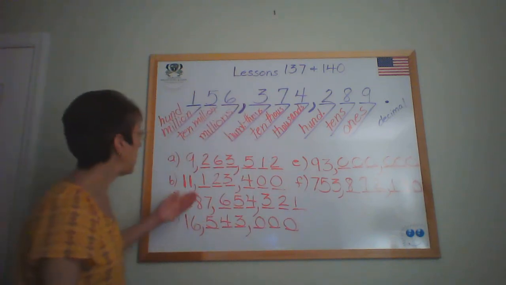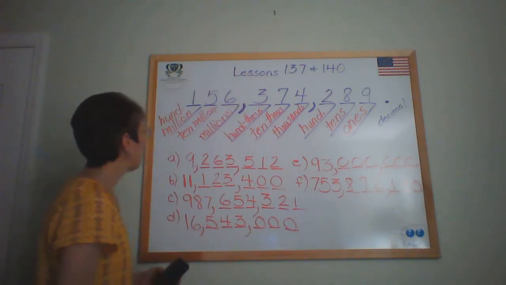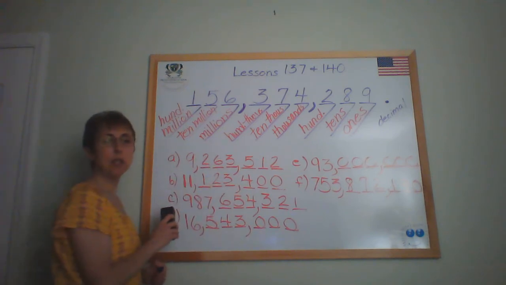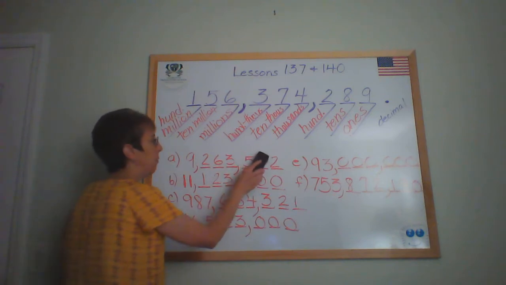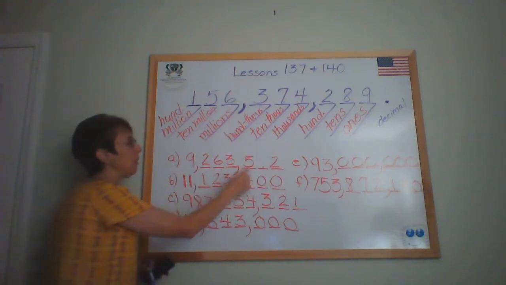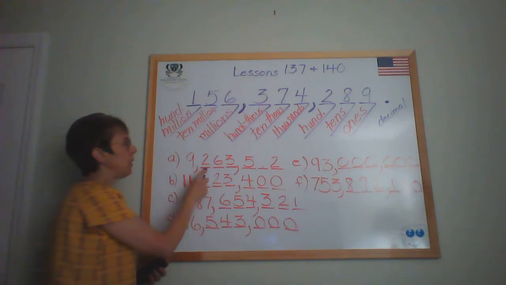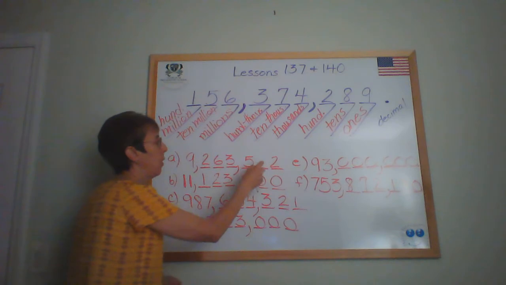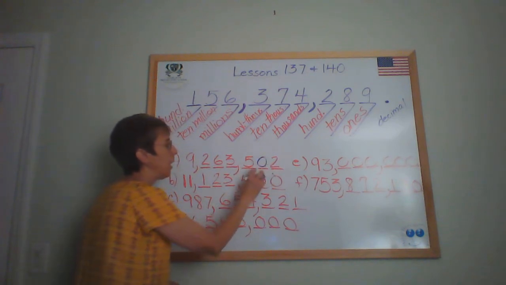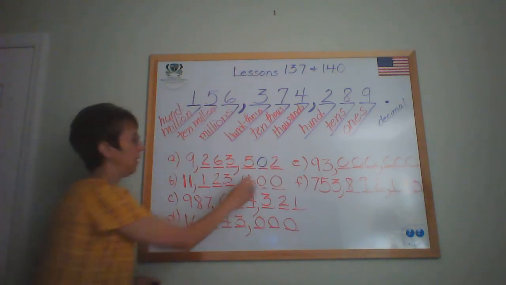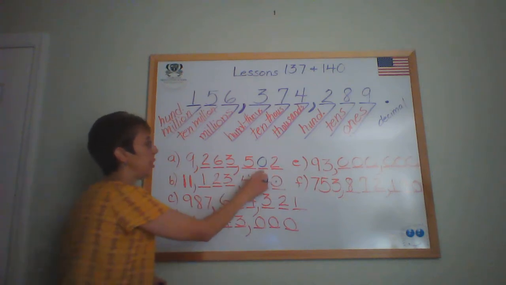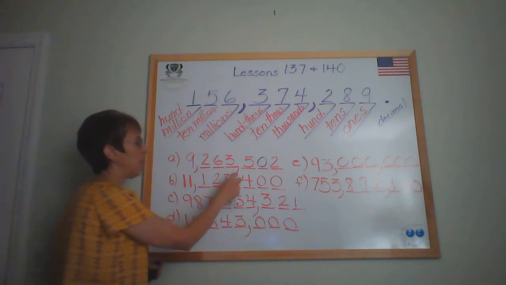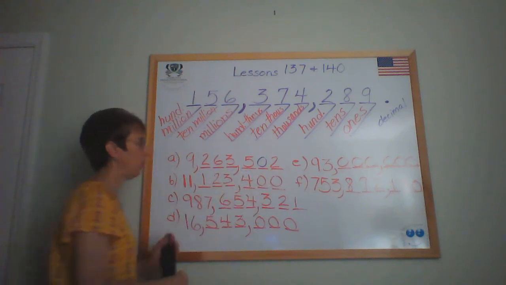But if your number here was 9,263,502, you have all of your blanks set up. Hopefully you would remember that because you have that line here, you would need to fill in a zero because you can't leave it blank. 9,263,502.